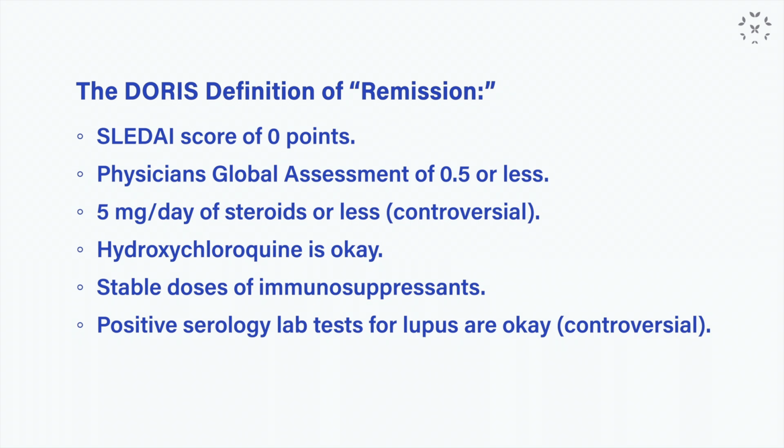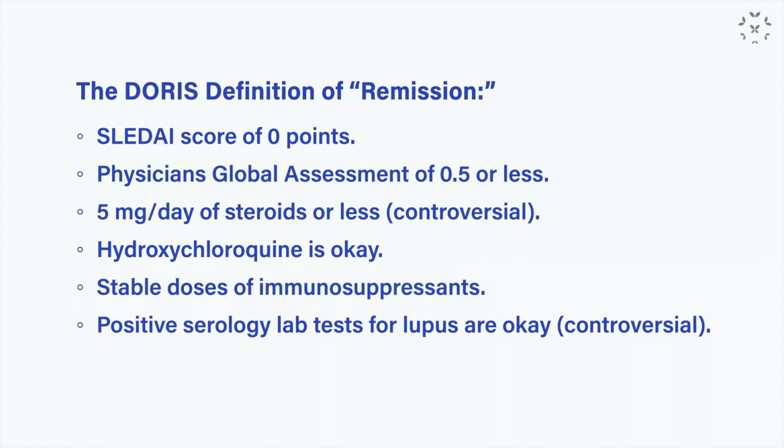So what's the definition of remission? The most commonly accepted definition of remission is by a group called the DORIS. DORIS stands for Definition of Remission in Systemic Lupus, and it's a worldwide group of lupus experts who came together to answer this particular question. So their definition of remission is as follows.